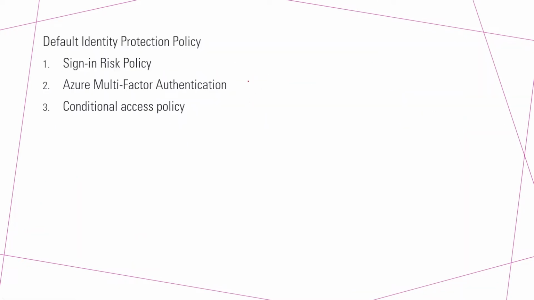You will then see that on the risky users report. So within identity protection, you could set these 3 default policies to help you implement or enforce more secure access to your organization. First here is the sign-in risk policy. Then you have Azure multi-factor authentication, then the conditional access policy.